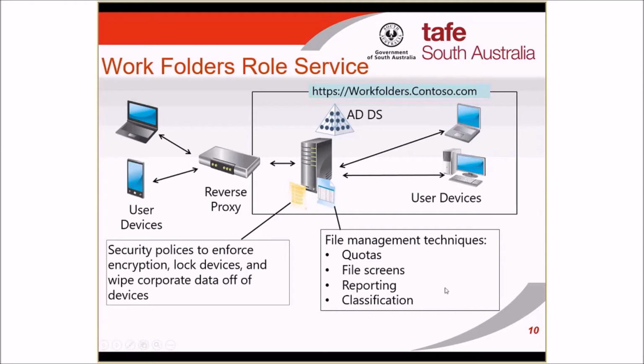There are also file screens. We all know that some files are big and some are small, and some files are important for the whole workplace. Some things are just for your really personal use. For example, take ISOs. We all know what ISOs are. They're images of DVDs and CDs, but some DVD images can be 4.5 gigs in size.